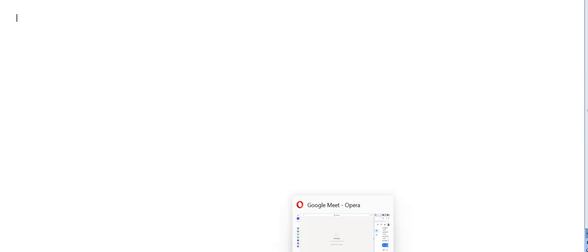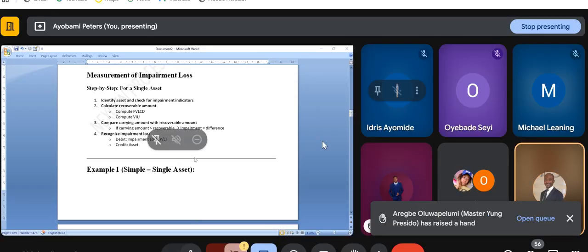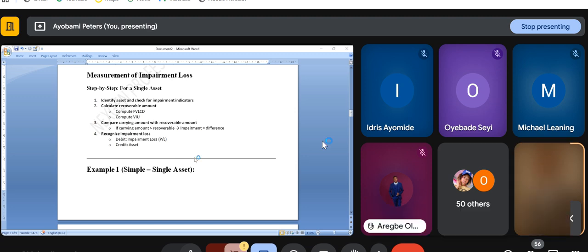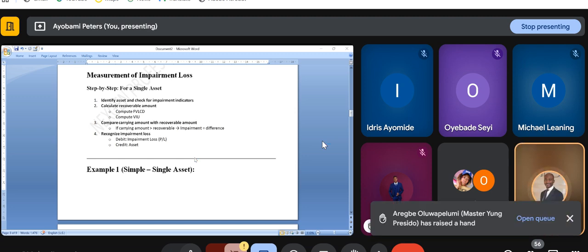Okay. Well, let me answer your question directly. You didn't allow me to land before you asked the question, so let me use the opportunity to expand further. For this single asset, you must always be careful to check if it is the first time that you are calculating for impairment.